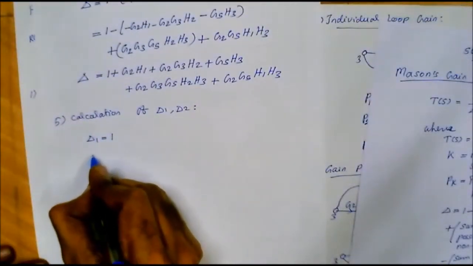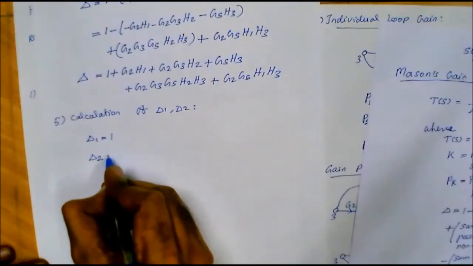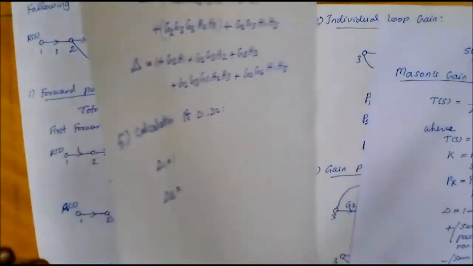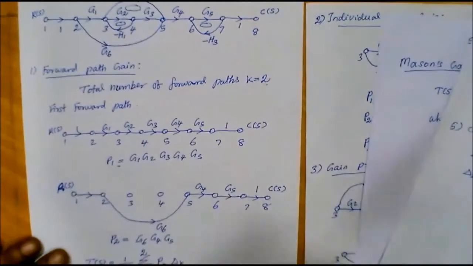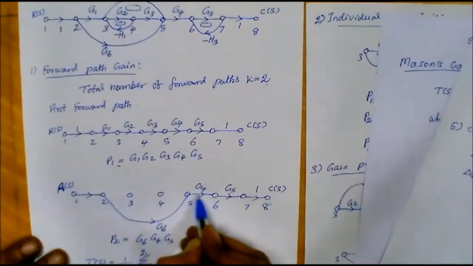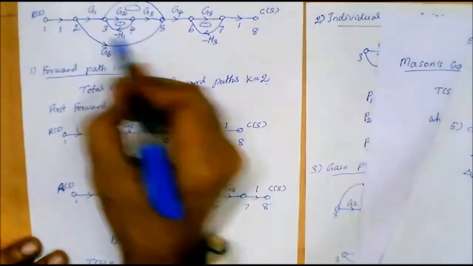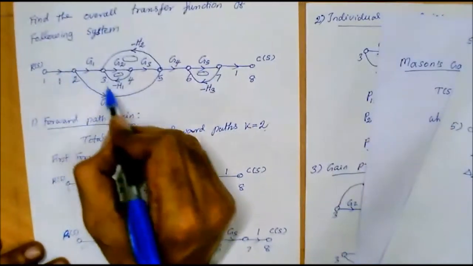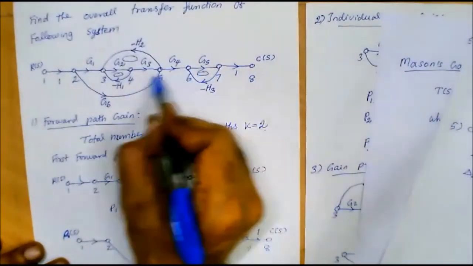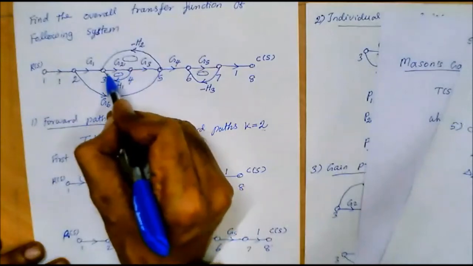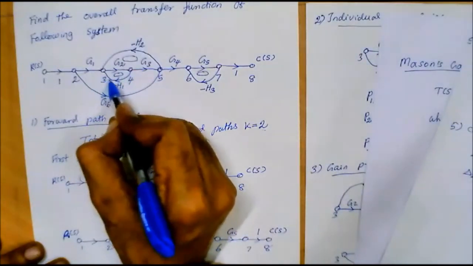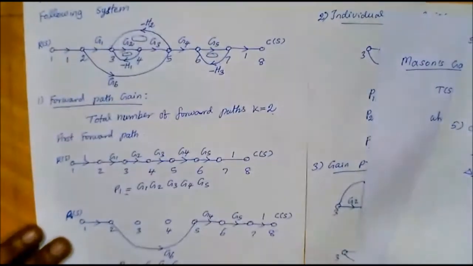Then to calculate the value of delta 2, we have to exclude the second forward path. If we exclude this second forward path from here, we will be getting only one loop, that is this loop 3 to 4.